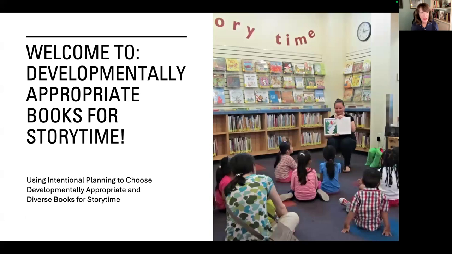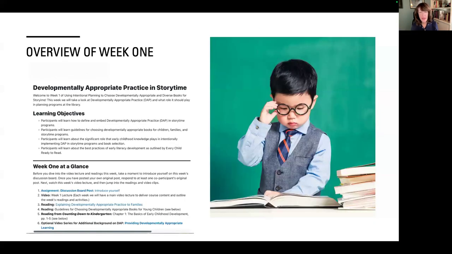So, why don't we take a look now at how the course is going to be structured? I know you may have explored the website already, but this slide is a screen capture of the overview of week one, and you'll see that for every week. So we can take a look at this together.